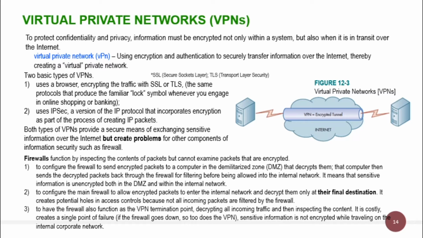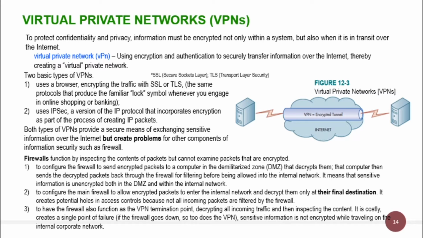The VPN will make the connection between parties on the internet more secure because they are using the encrypted tunnel by VPN. So VPN is using encryption and authentication to secure the transfer of information over the internet. So the VPN creates a virtual private network, something like that.